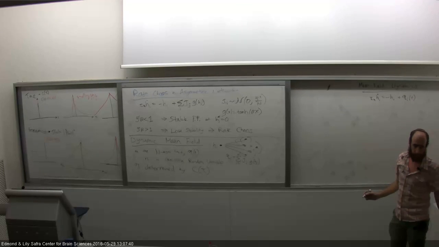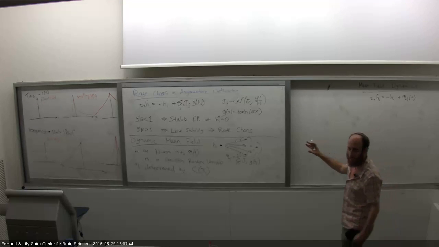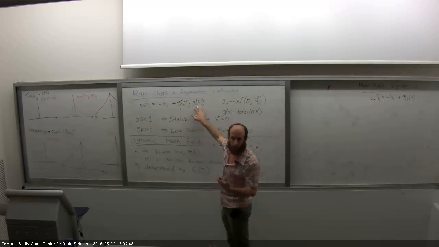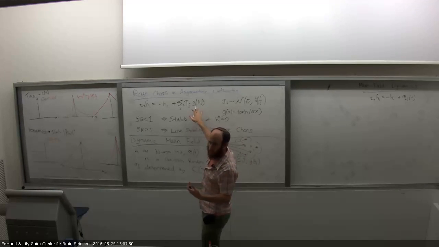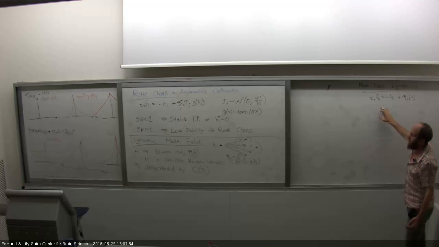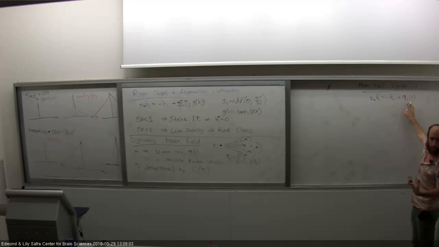Right? So we've reduced our entire problem, which is a highly recurrent network with a nonlinear transfer function, and we've now written it as just a single variable, and it's a linear dynamical equation. There's no nonlinearity here, with some noise term.